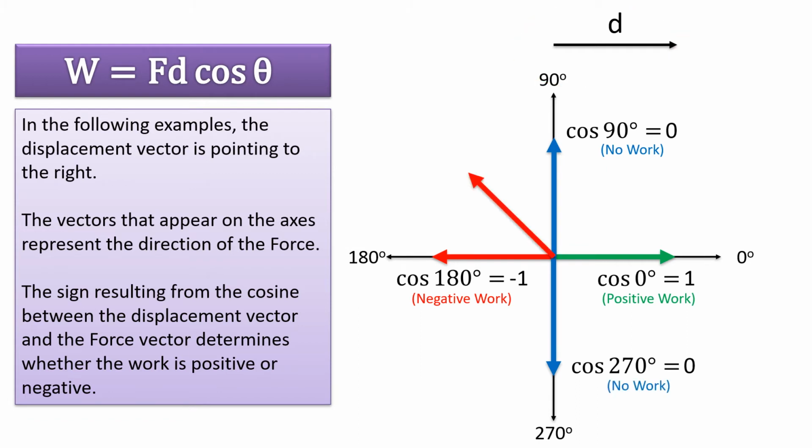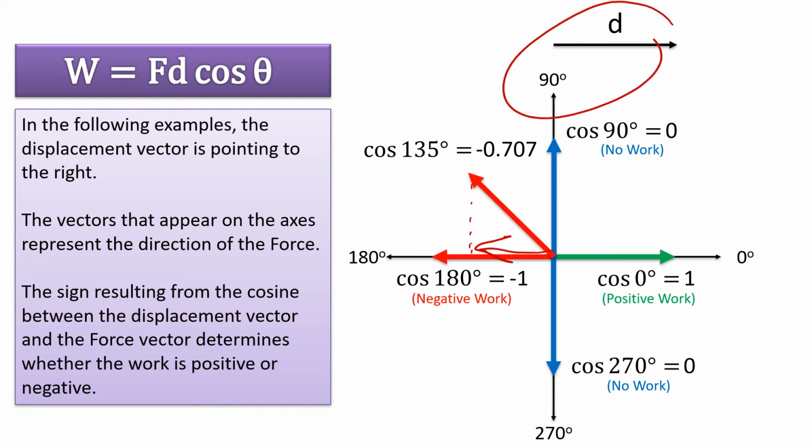All right. Now you could have this angle here, so 90 plus a little bit. In this case, we'll call it the cosine of 135 degrees. If you plug that in your calculator, do you think you get a positive number or a negative number? You get a negative number. So there's a component of this force vector that's pointing opposite the displacement, and the math knows that.